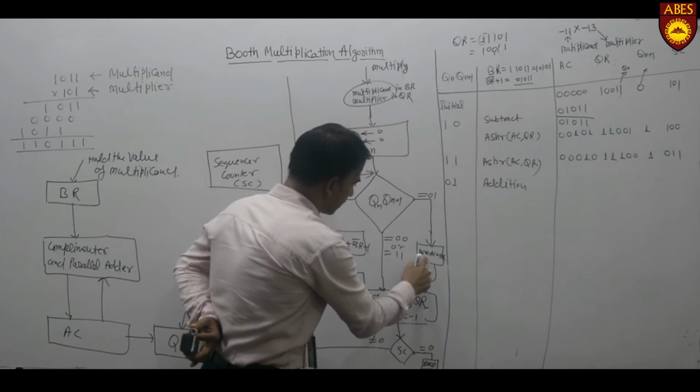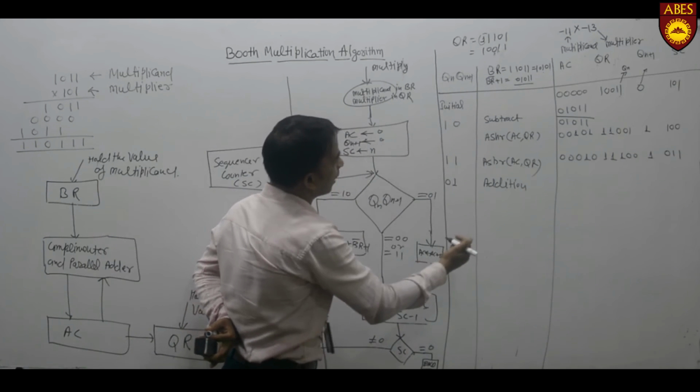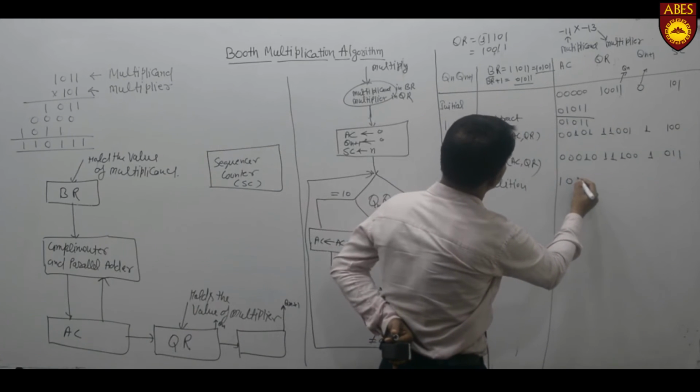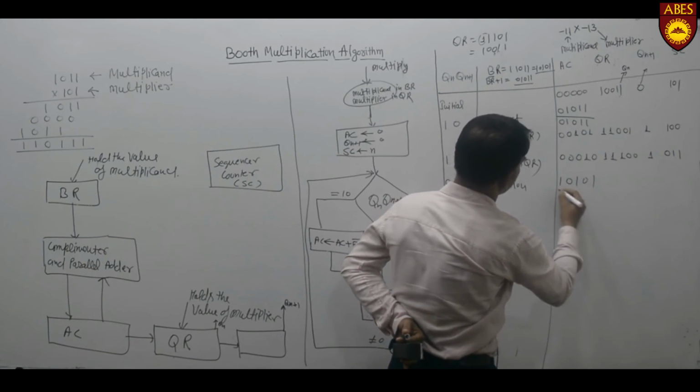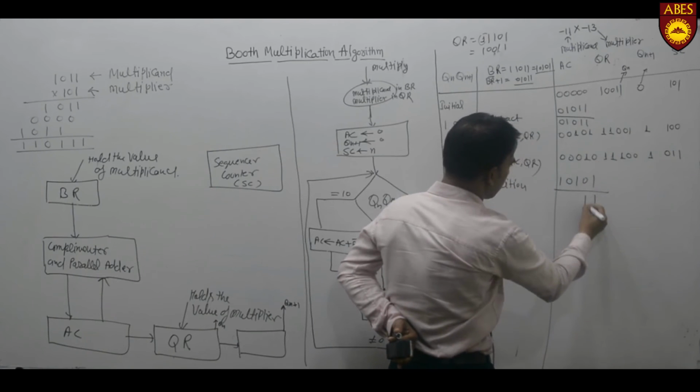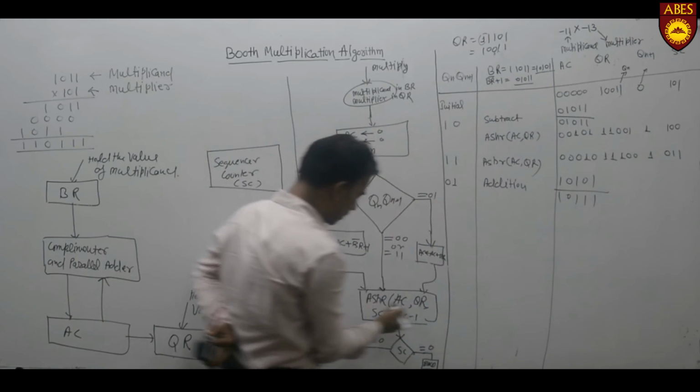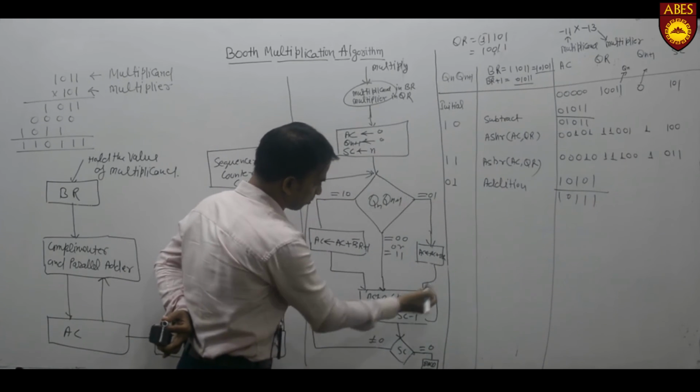In the addition operation, you can see AC is equal to AC plus BR. The value of BR is equal to this. So 1, 0, 1, 0, 1. This will be 1, this will be 1, 1, 0 and 1. Now we have to perform the right arithmetic shift operation.